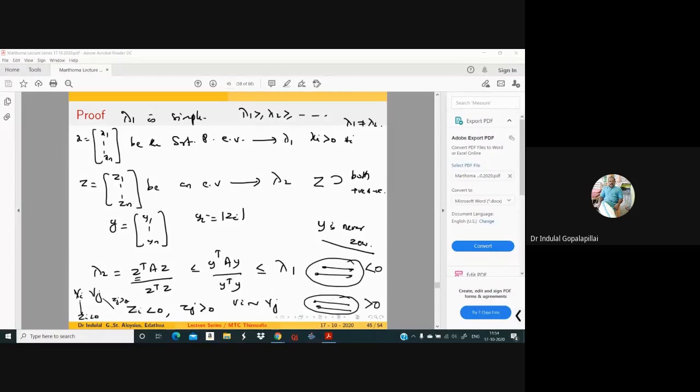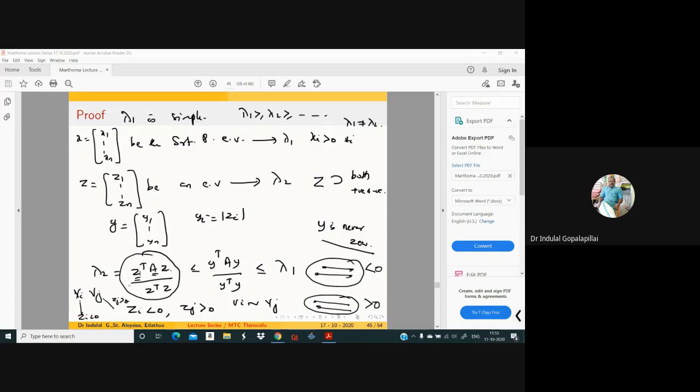Therefore, there should exist some zi less than 0 and some zj greater than 0 so that vi is adjacent to vj. So an edge contribution is obtained with zi less than 0 and zj greater than 0, so that the corresponding product in the first Rayleigh quotient is negative.